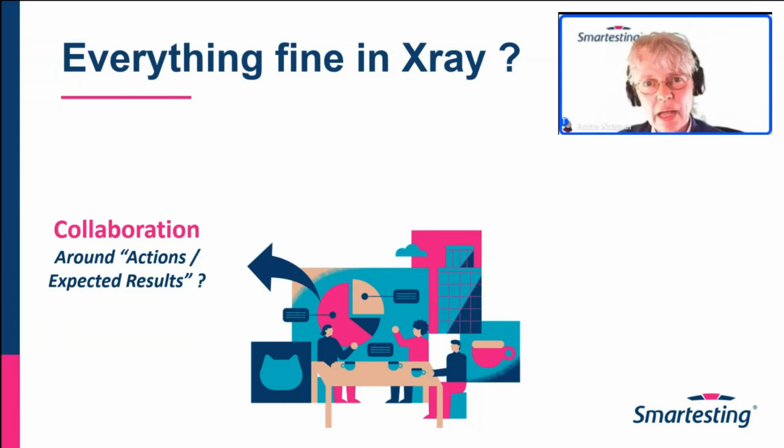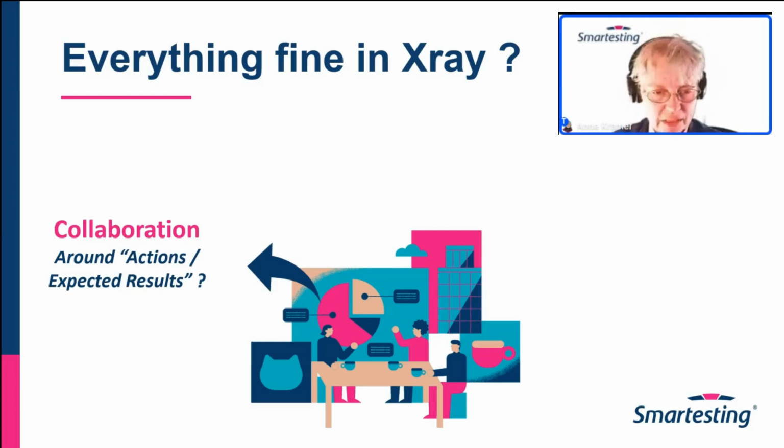In Xray, you have test steps and expected results, and this looks pretty much like manual testing also. And this is not really fun to discuss, a collection of actions and expected results. It's not very easy either, because you already have the problem with the user stories that they are so small that they fit in a sprint, and so the system is somehow defragmented.